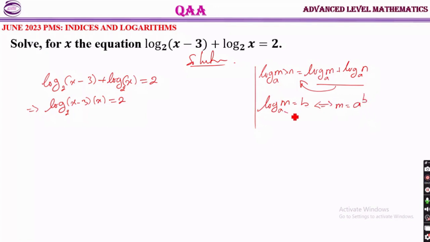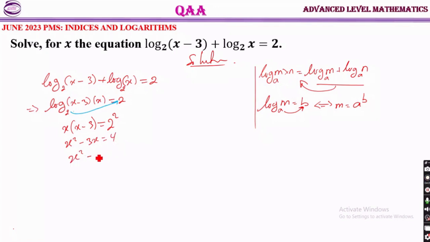So it looks somewhat like the a carries the b. In this case, we are going to do exactly the same. We are going to make it look like this 2 comes and carries this other 2, so that we have x times (x minus 3) equal to 2 squared, giving us x squared minus 3x equals 4.